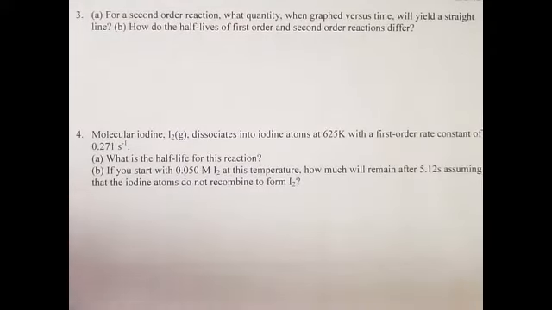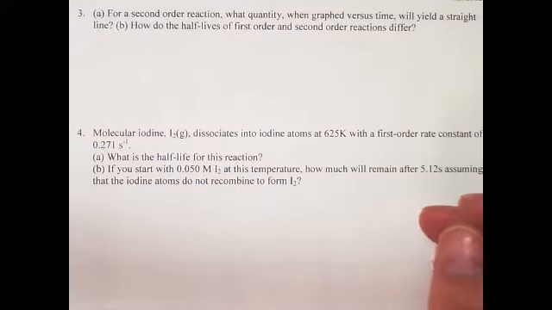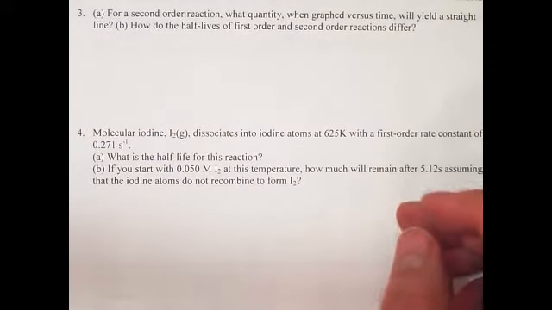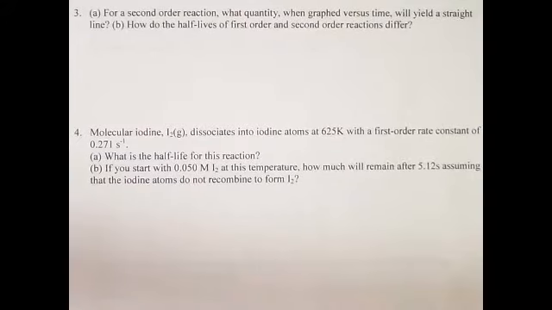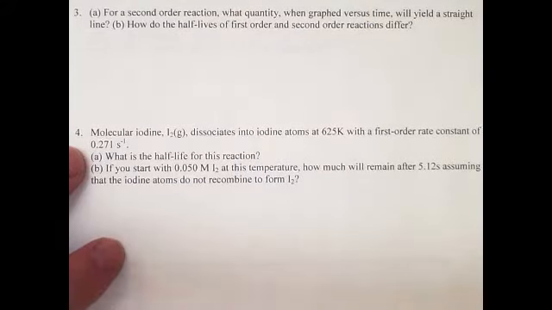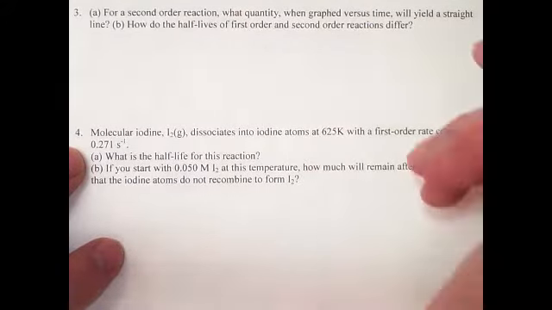So now we get a chance to have a look at integrated rate laws and how we can use them to affect solutions. So question 3 says, for a second order rate reaction, what quantity when graphed versus time will yield a straight line? So there are 2 particular integrated rate laws.